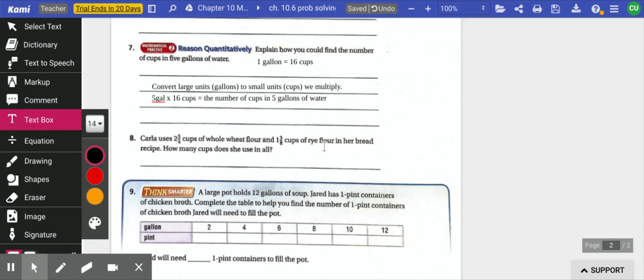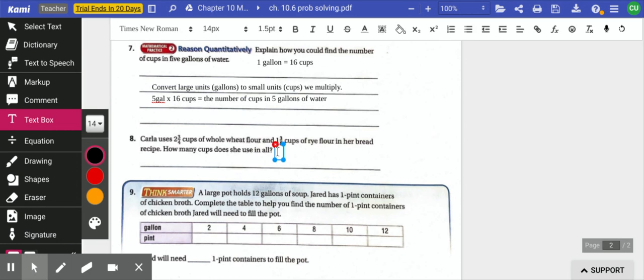Carla uses 2 3/4 cups of whole wheat flour and 1 3/8 cups of rye flour in her bread recipe. How many cups does she use in all? Oh, my friends, if you thought you were done adding mixed numbers and fractions, you are not. Oh, how I love this problem. So you just need to add the cups together, and that is it. As a reminder, you need to first get an LCD.